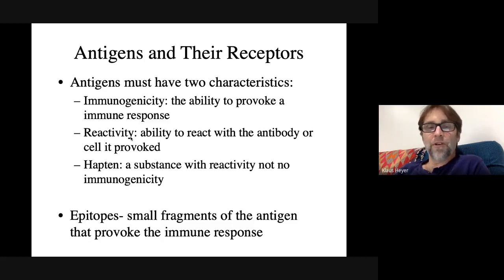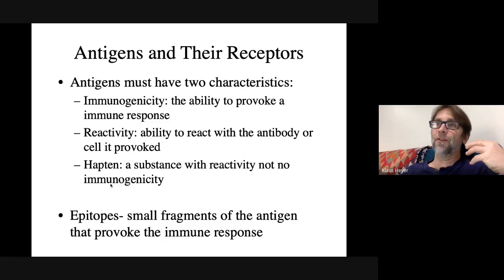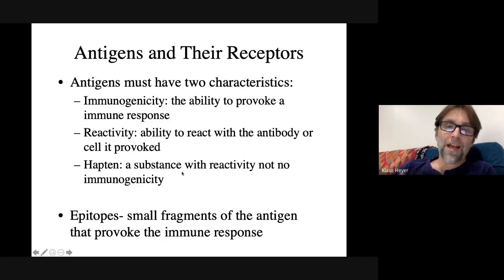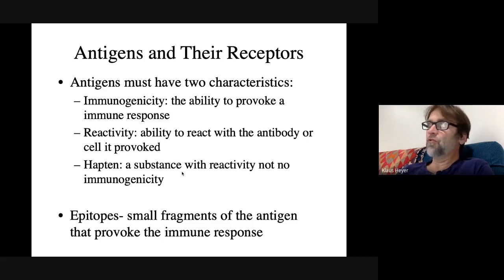For example, when you change the epitope, once the T cells or B cells get out there and you've changed your antigen, you have to start over again. If something's a hapten, it has reactivity, so it could react, but no immunogenicity. It doesn't provoke the immune response to begin with.